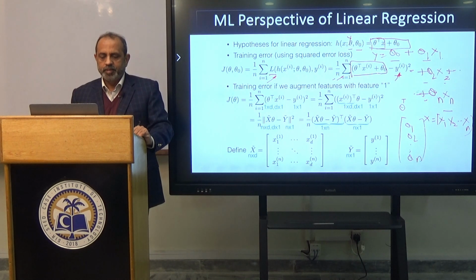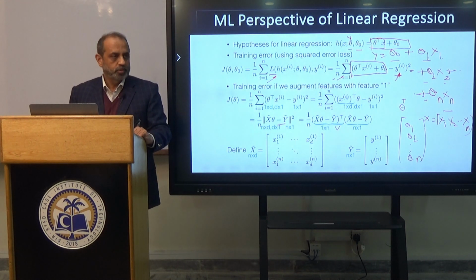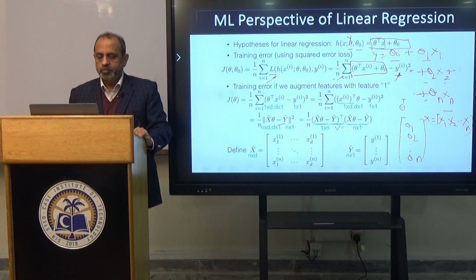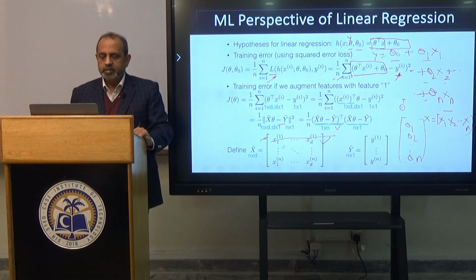And once you have this, you can write it in vector form like this. So this is the vector form of the loss function. And then this is a matrix where you have first sample with D features, second sample with D features, nth sample with D features.